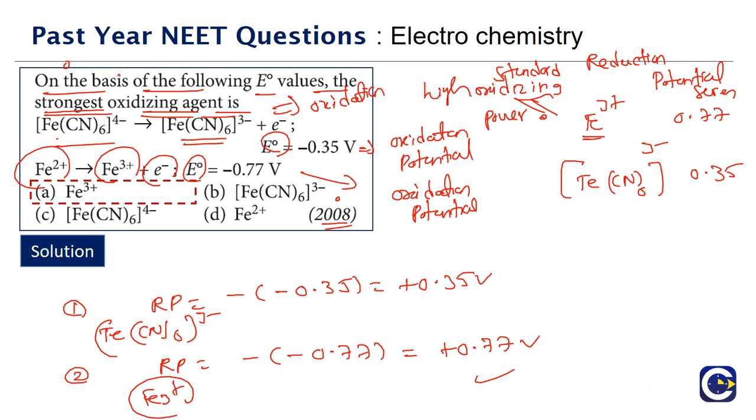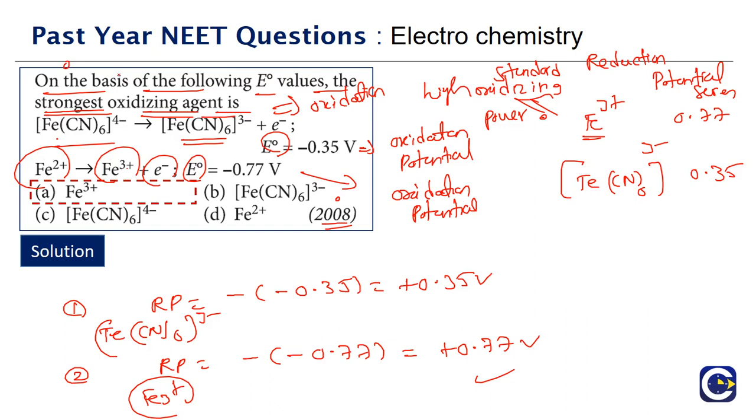Fe3+. The strongest oxidizing agent will be Fe3+. The reason why I said this is a tricky question is because if you observe the equations they are expressing, they are not giving the reduction step, they are actually giving us the oxidation step. So the values, right, the E0 minus 0.35 and minus 0.77, they are corresponding to what? The oxidation steps. If you look at the reduction means we have to reverse the reaction.